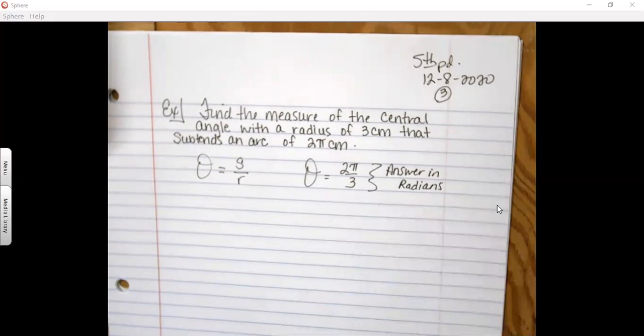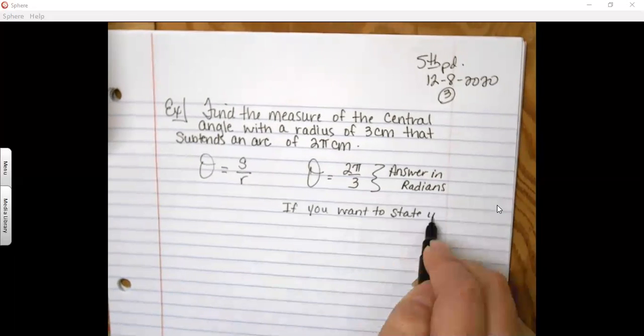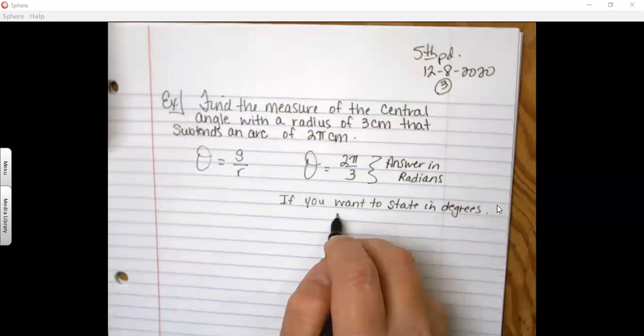So if you want to state in degrees, yes, you could convert by 180 degrees divided by pi radians, but if it's in terms of pi, super easy. All you have to do is substitute 180 degrees for pi.